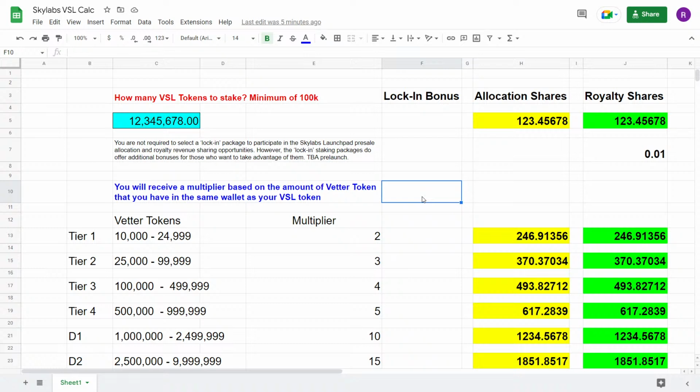We don't have the answers to that yet, or at the very least, I personally don't have the answers to that yet, because we're not in that stage yet. Right now we just have the numbers, but we don't actually have the data behind what the numbers mean. So right now we can be excited about the amount of allocation shares and royalty shares, but until we're actually in a place where that launches, we don't actually know what that means and looks like.